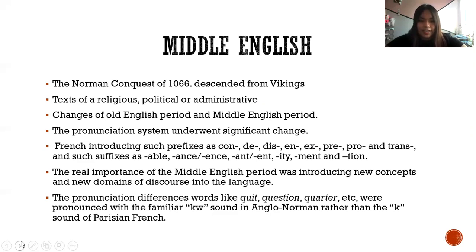In this case, Old English and Modern English. Middle English is mainly to be seen in texts of a religious, political, or administrative character, dozens of which have survived. Most of the surviving material is religious.